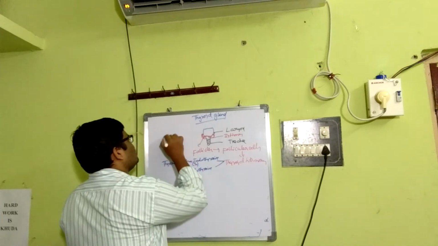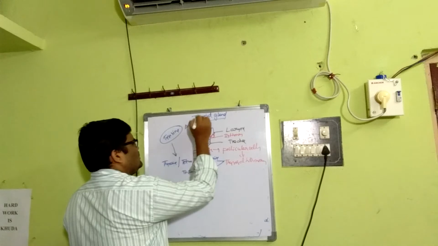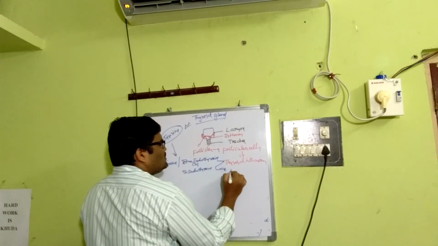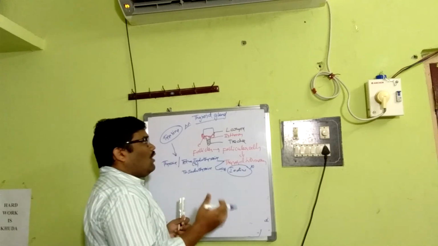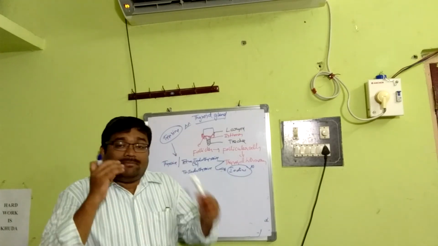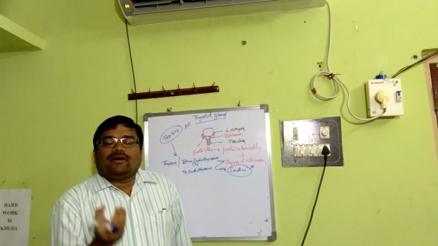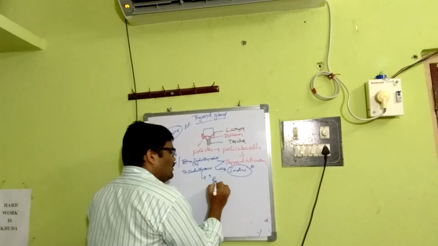They are all derivatives of the amino acid tyrosine. For the synthesis of these, iodine is required. And what is the role of these thyroid hormones? The principal role is regulation of BMR, the basal metabolic rate. They are responsible for the regulation of BMR.